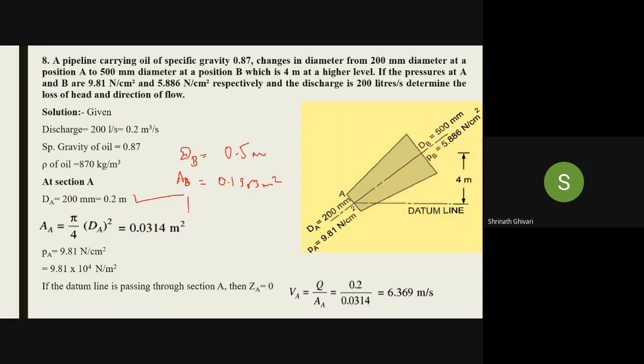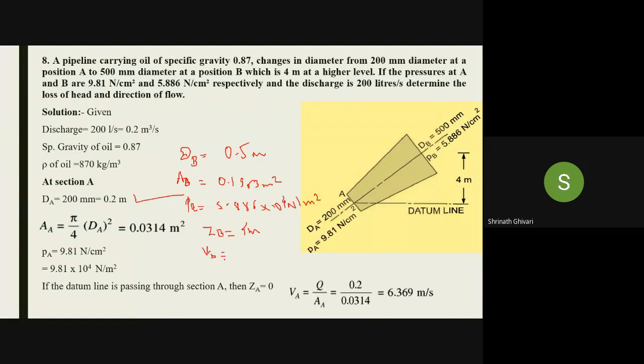Okay. What is PB? 5.886 into 10 raised to 4 Newton per meter square. Okay. What is ZB? ZB is 4 meter. Very good. What is VB?